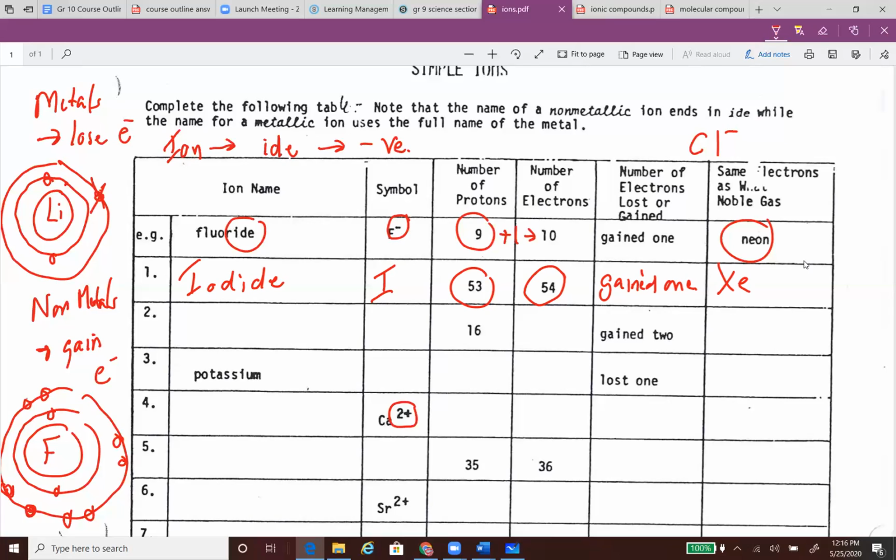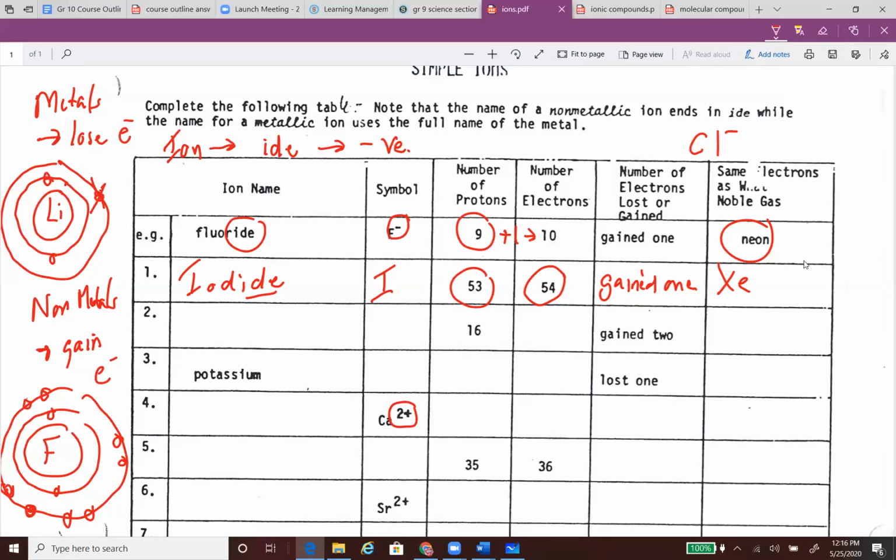All right. You'll get a hang of the naming. It eventually comes to you when you do enough of this. But keep in mind, we're not going to do a lot of this. We're just going to do a little bit of this so you get a taste of it. We're not going to go crazy into detail in terms of naming all different types of compounds. All right, so let's look at the next one.